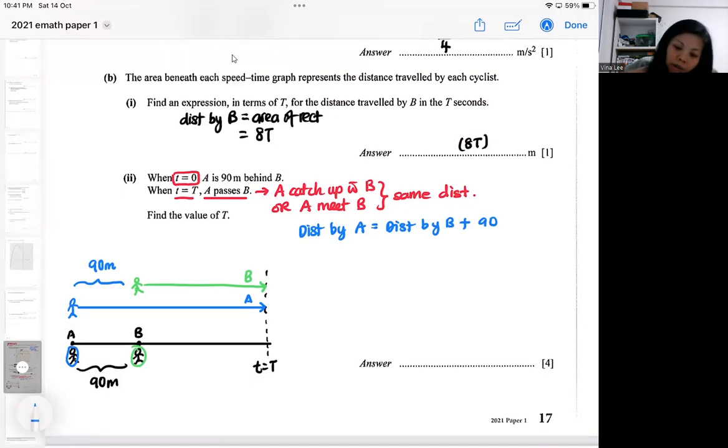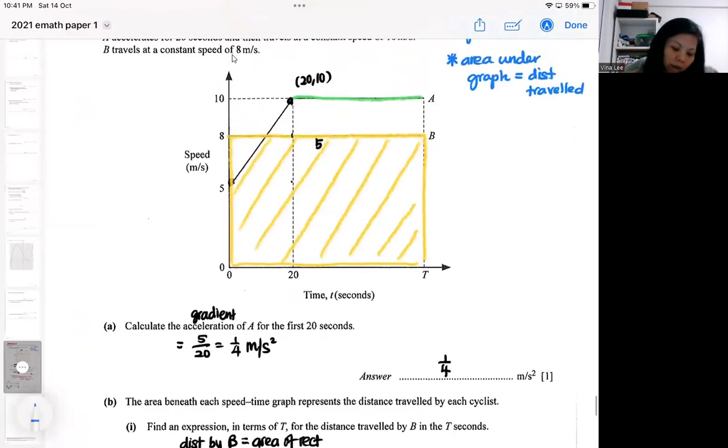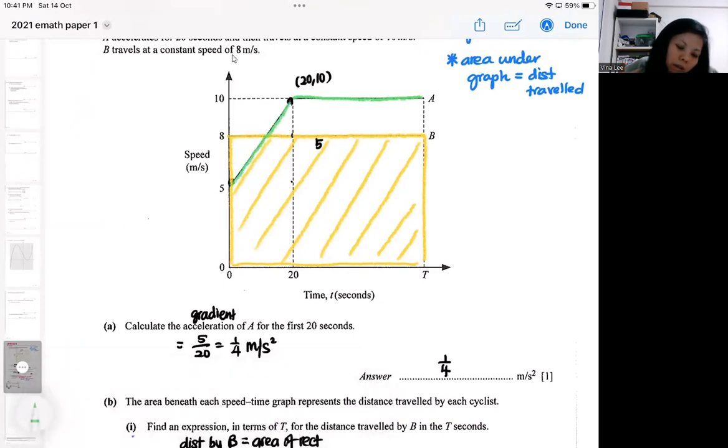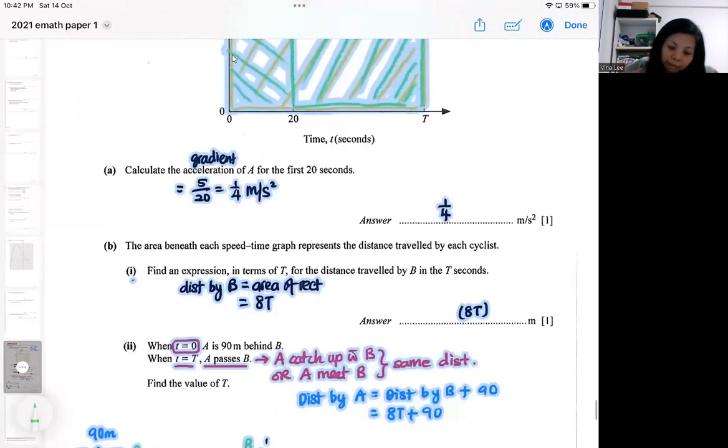I already have the distance by B, which is 8t, but I don't have the distance by A. Distance by A is quite easy. It's basically a trapezium and a rectangle. I'm quite sure you know how to find the trapezium and a rectangle.